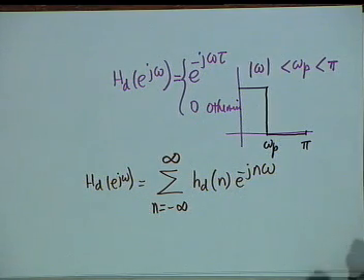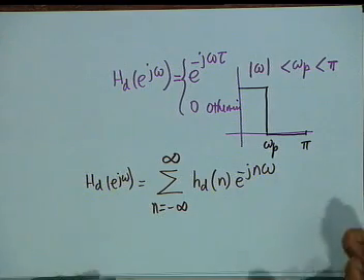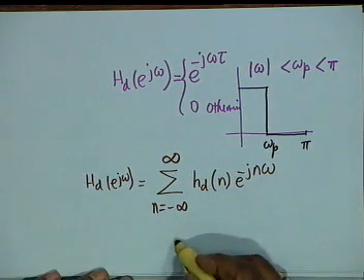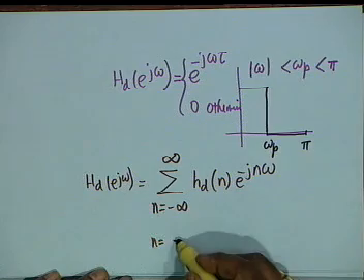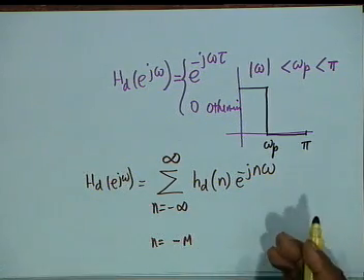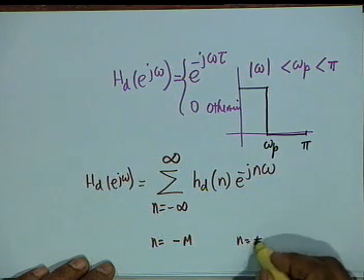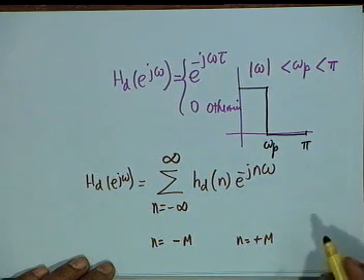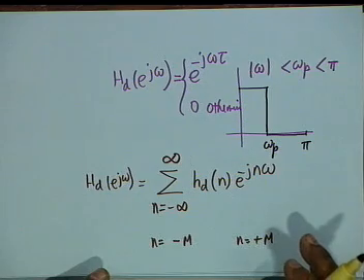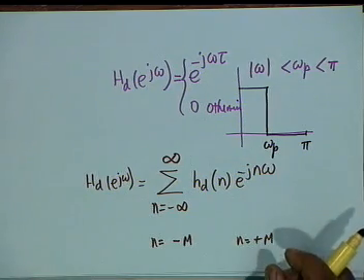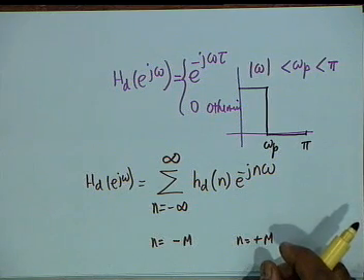What we do is we arbitrarily truncate it at some point. Suppose we truncate it at n equal to minus M on the left side and n equal to plus M on the right hand side, then we get a filter of length 2M plus 1, and it shall be a 0 phase filter.